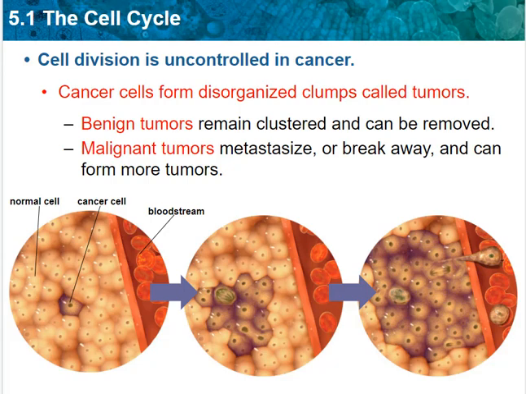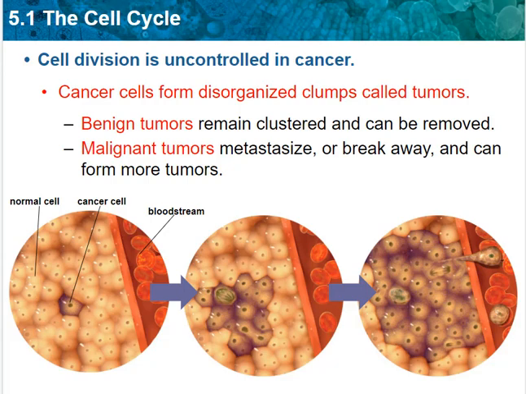One place where cell regulation is really important and becomes a problem is in the formation of tumors. Cancer cells essentially form tumors. A cell that's cancerous is a cell that's growing out of control. As you see in the diagram, you can see cancer cells beginning to replicate out of control.